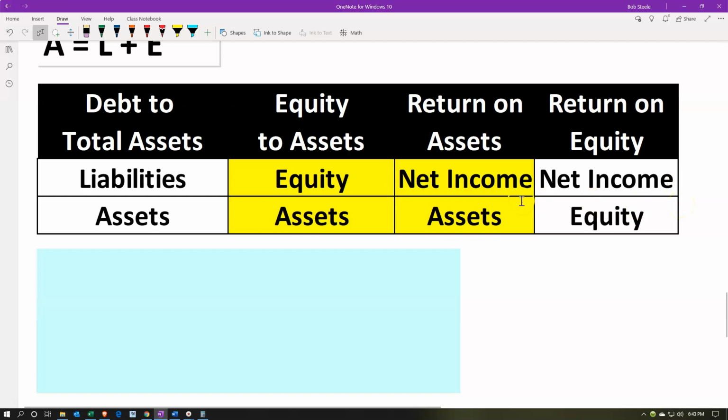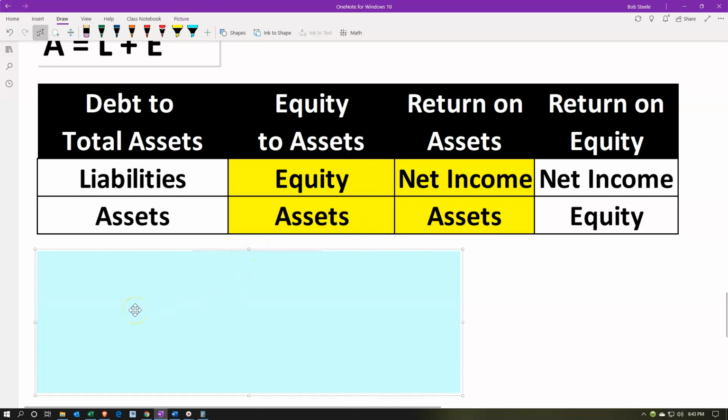We have net income here, we've got the equity here, and the assets are duplicated. So we'd like the net income to stay on top, and the equity to be on the bottom. So I need to take this fraction divided by this fraction, flipping or reversing the sign here. So what would that look like?